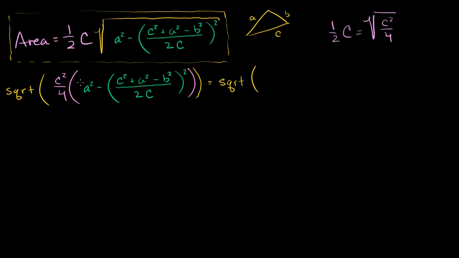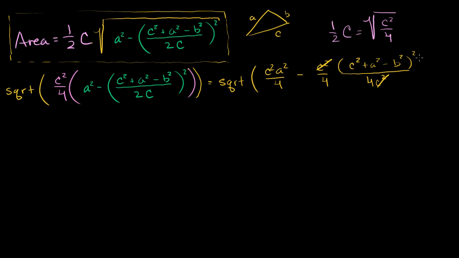The square root of c squared over 4 times a squared is c squared a squared over 4, minus c squared over 4 times, and I'm going to write it as the numerator squared over the denominator squared, c squared plus a squared minus b squared, squared over, if I square the denominator, 4c squared. We immediately see that that c squared and that c squared are going to cancel out.